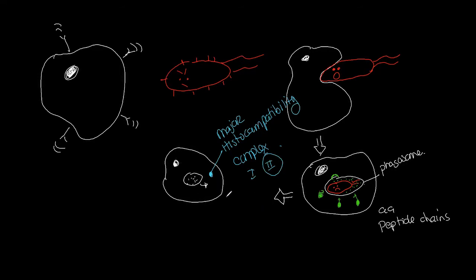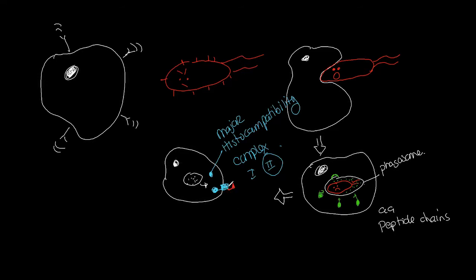What he's going to do is attach one of the proteins to this complex. And this complex is going to end up on the cell surface, and he's going to poke his head out. Then he's going to take one of these proteins and set it up like a flag outside.